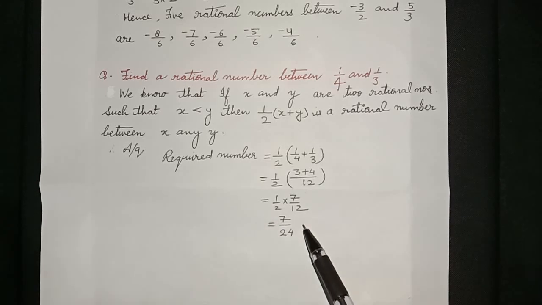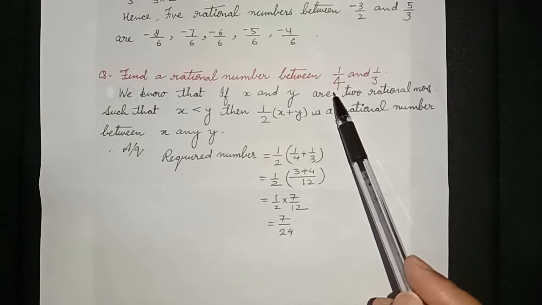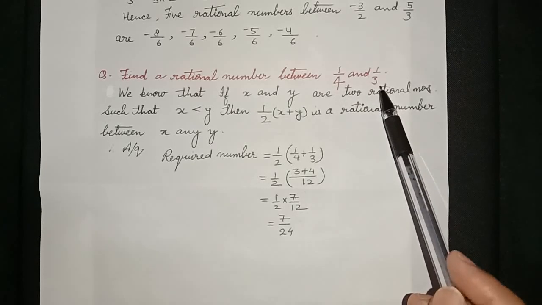So the answer is 7 upon 24. Means 7 upon 24 lies between 1 upon 4 and 1 upon 3.